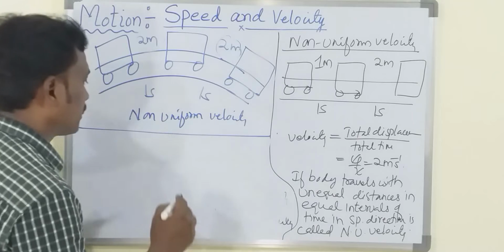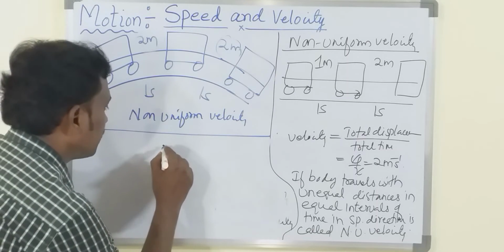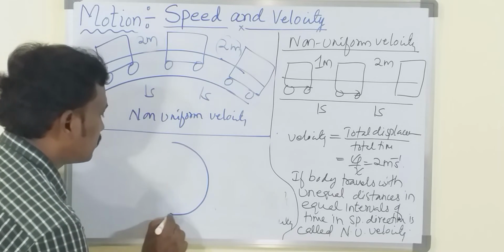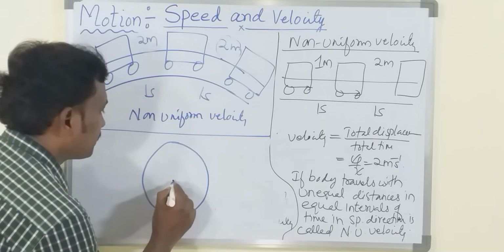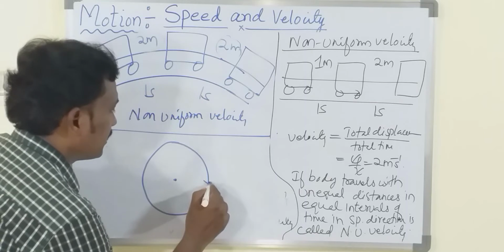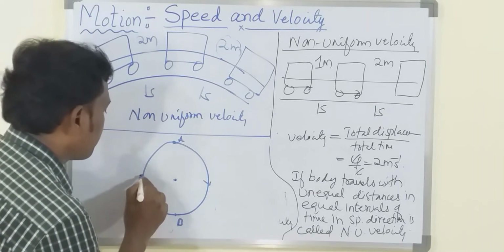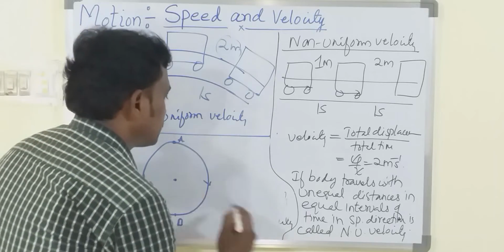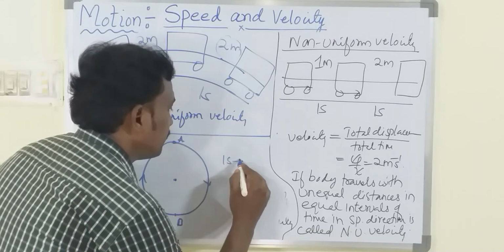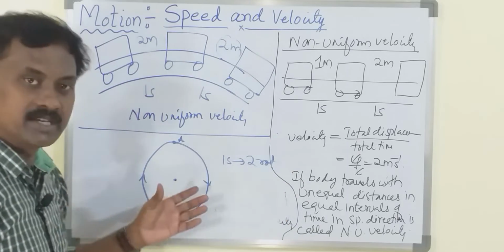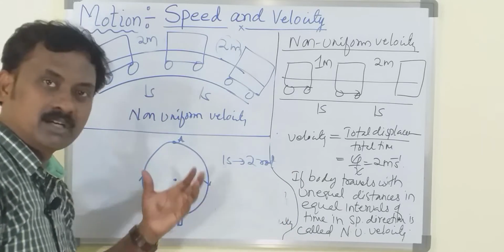Let us consider one more case. A body is moving in a circular path. For 1 second it may make 2 rotations, for another second 2 rotations, and another second 2 rotations.